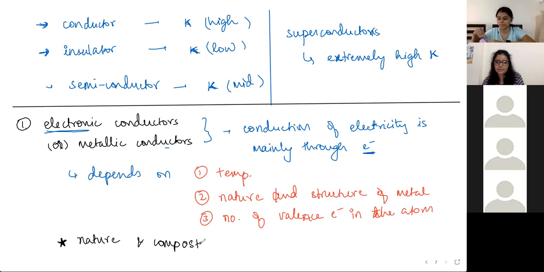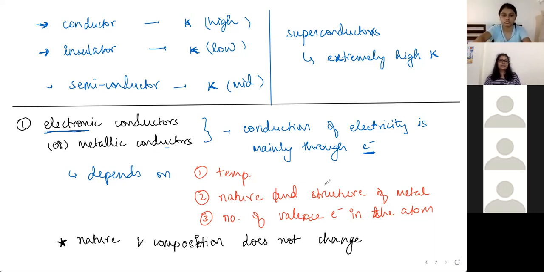So nature and composition does not change due to the electricity passing through it. If you put water on it, or if there are ants eating it, that's a different matter. But passage of current does not change the nature or the composition of electronic conductors.